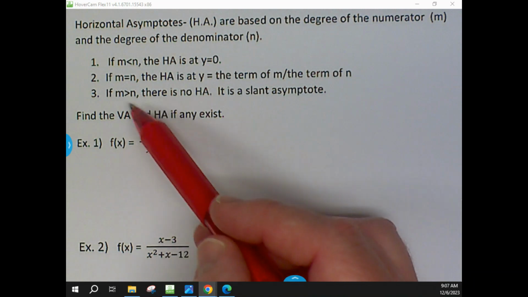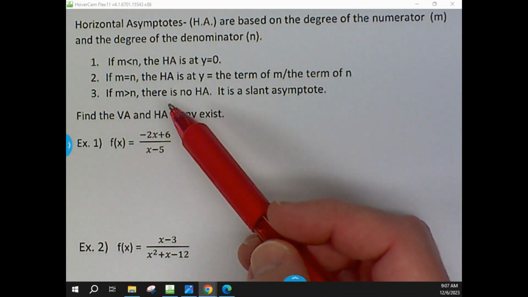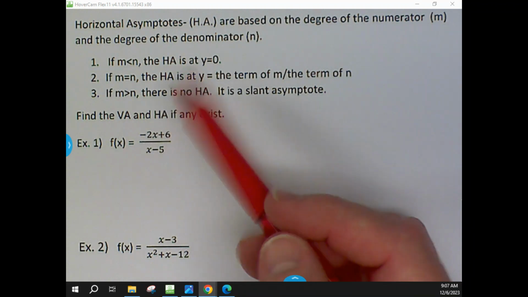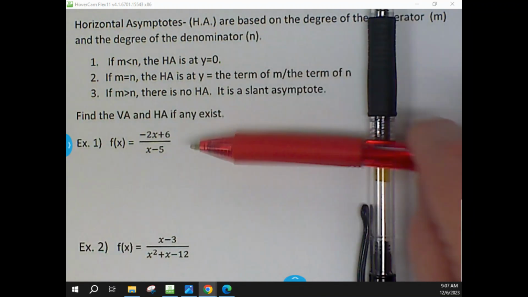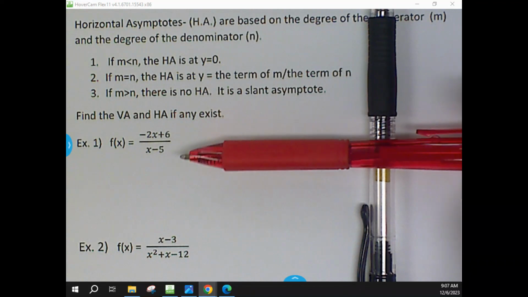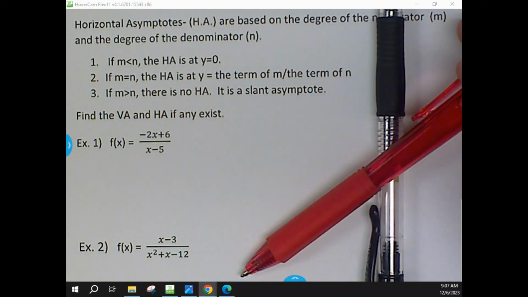If the numerator has a greater degree than the denominator, there is no horizontal asymptote. You actually get what you call a slant asymptote, which means instead of a horizontal line, it's going to start to tilt. That's why they call it a slant asymptote.